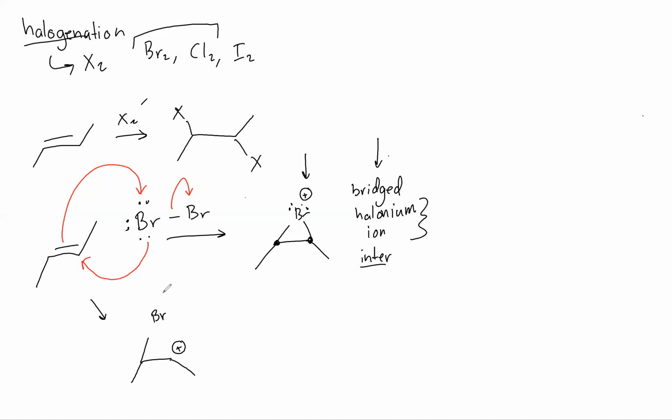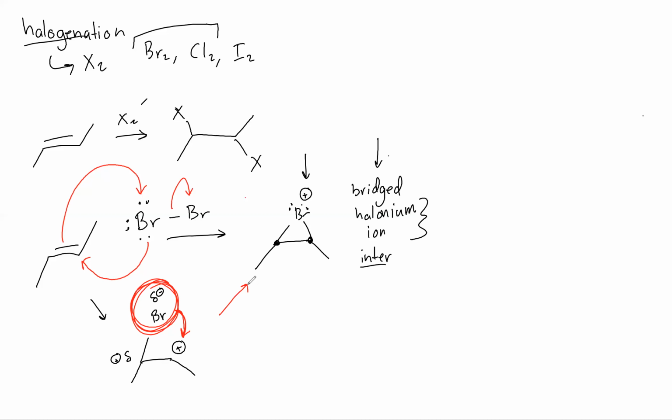That bromine is very electronegative, so it's going to pull electron density towards itself, and now this carbon will be partially positive. And so what's happening here is we cannot have this structure. Why? Because this partially negative bromine is really attracted to that positive charge of that carbon. And so what instead forms? This bridged halonium ion intermediate. That is why this whole thing is formed.